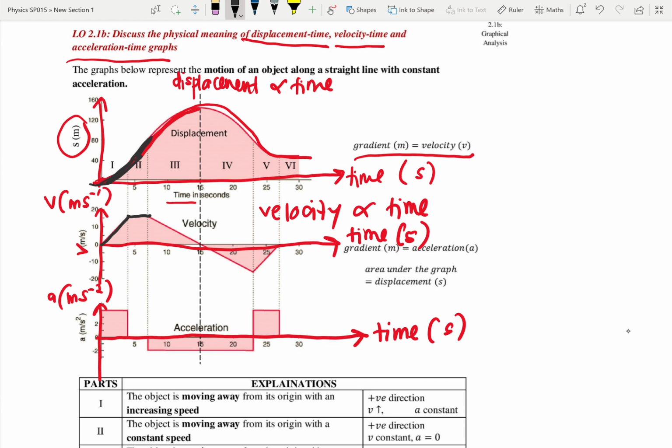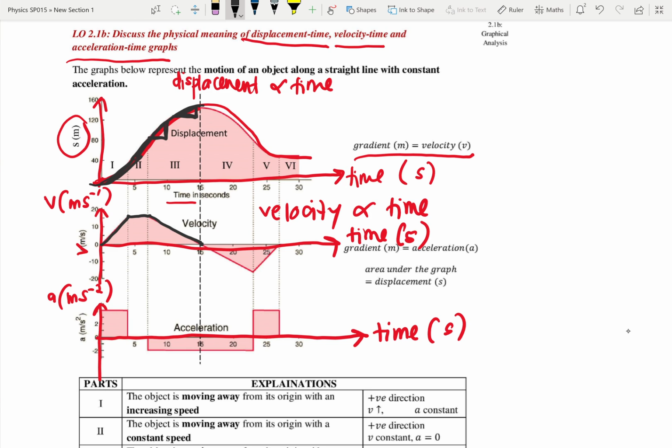And then at this area, maybe you can sketch the tangent, initial and final, at this part 3. As you can see here, the gradient is decreased, so velocity will be decreased as well, like this. And then at this area, velocity decreases.